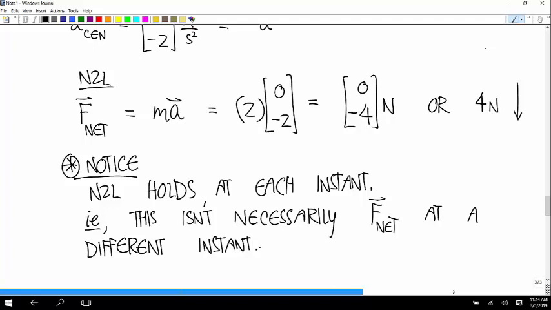So if you had one net force that would produce this acceleration, it could be an upward force of 1,000,000 newtons and a downward force of 1,000,004 newtons.